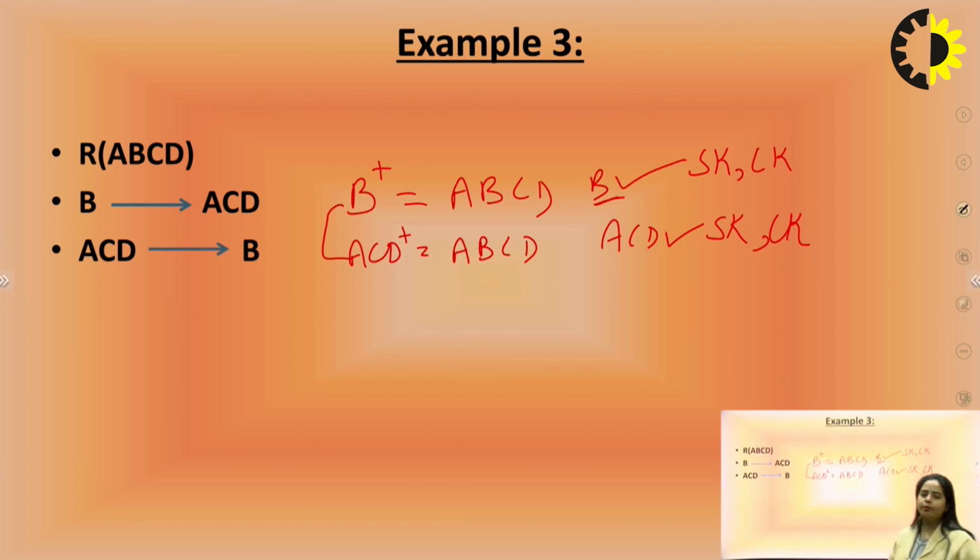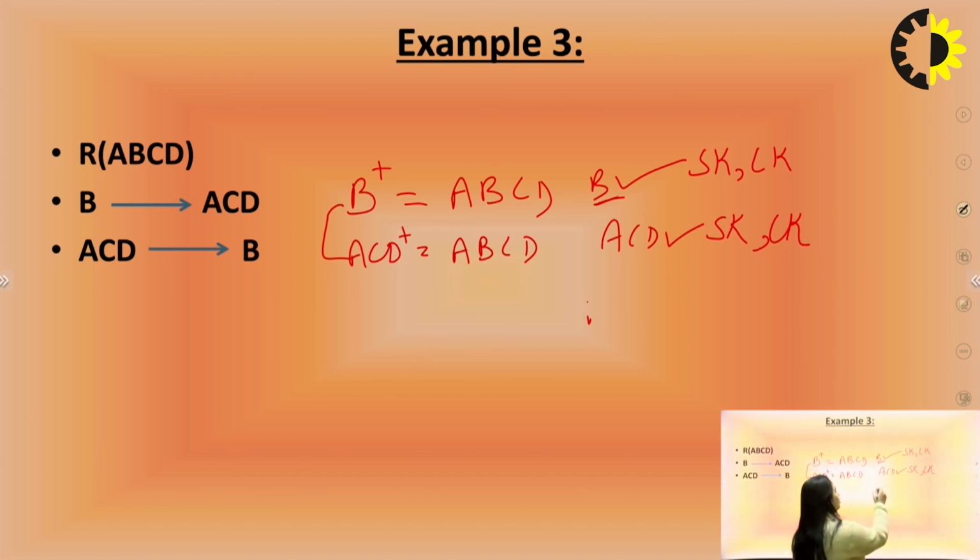Now, coming to a new concept: what is the primary key? Here, the database administrator chooses one key to work on as a primary key. There is no definition for a primary key; it depends upon the database administrator, whichever the DBA wants can be chosen as a primary key.